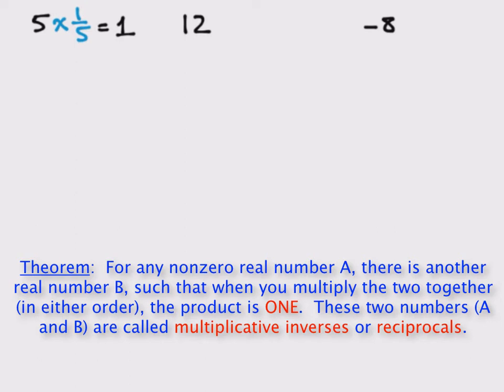Same thing with 12. 12 times 1/12 will give us 1. 12 and 1/12 are multiplicative inverses of one another. And negative 8. If we multiply negative 8 by 1 over negative 8, or you could call this negative 1/8, we end up with 1. So negative 8 and negative 1/8 are reciprocals of one another, multiplicative inverses of one another.